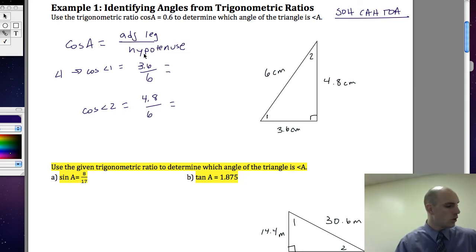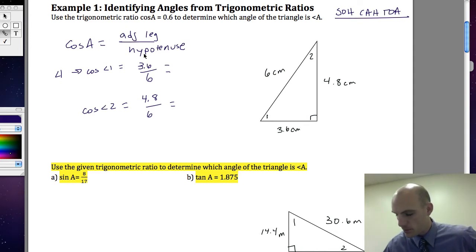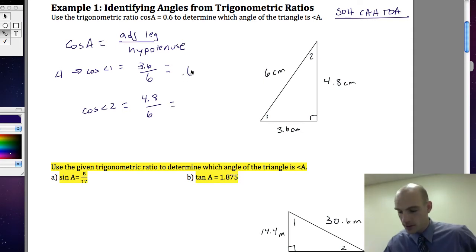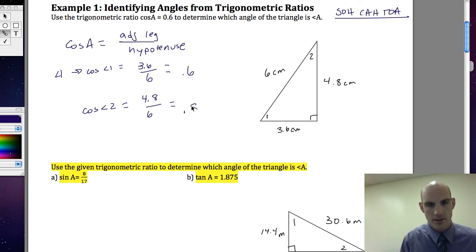Calculator time. Which one gives me 0.6? Well, when I calculate this, 3.6 divided by 6 gives me 0.6, and the other one, 4.8 divided by 6, equals 0.8.